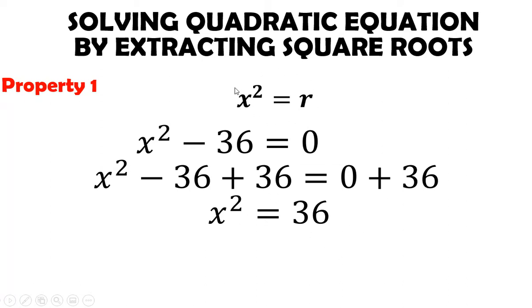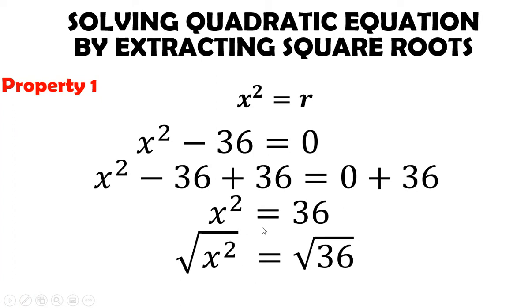Ito na natin in this form. After that, we're going to extract the square root of both sides. So simply put the square root on the right side and the square root on the left side.